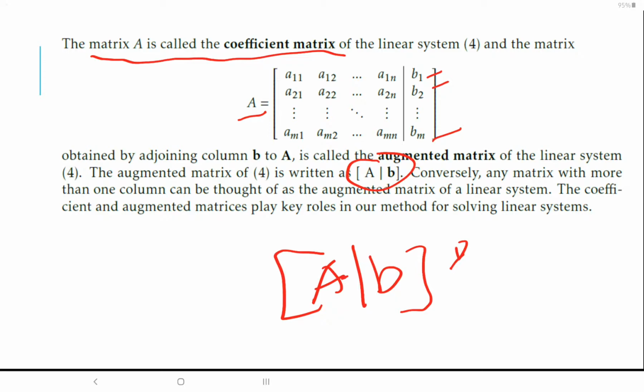So understood na dito na hindi na natin kailangan isulat yung mga variables na x, no? So parang given na agad. Okay? Yeah. So we have here the coefficient and the augmented matrices play key roles in our method for solving linear system. So later on, gagamitin natin itong augmented matrix na to.